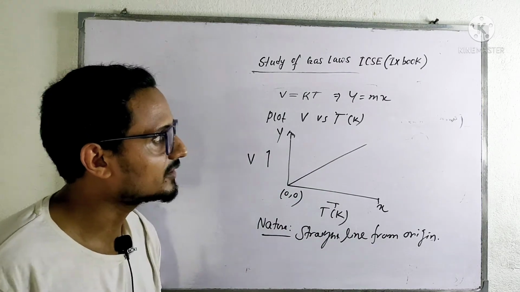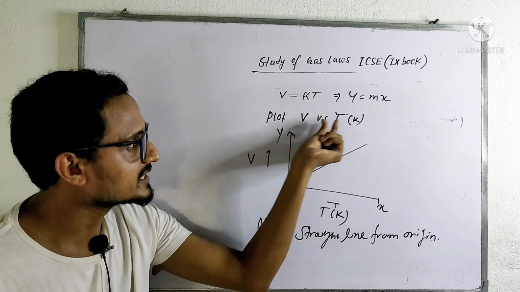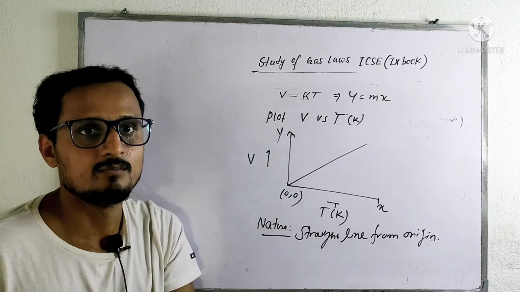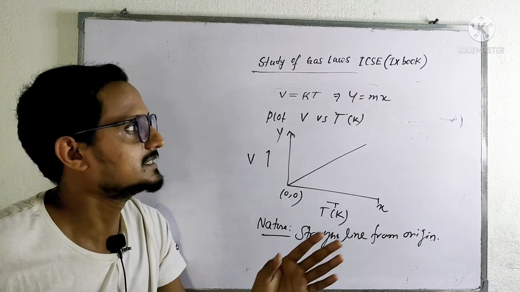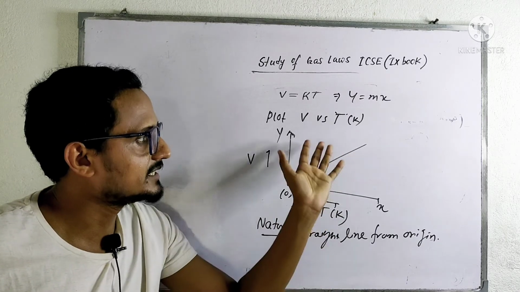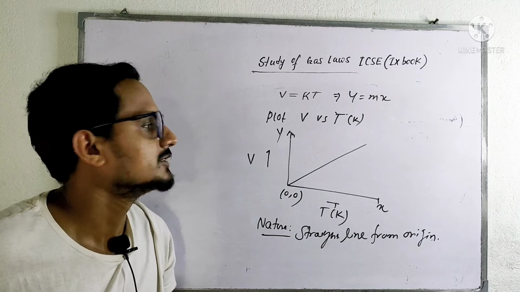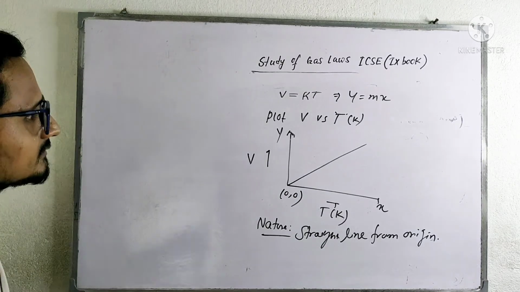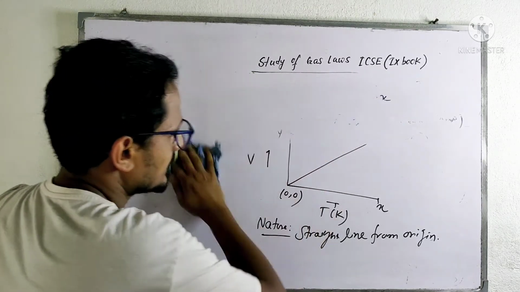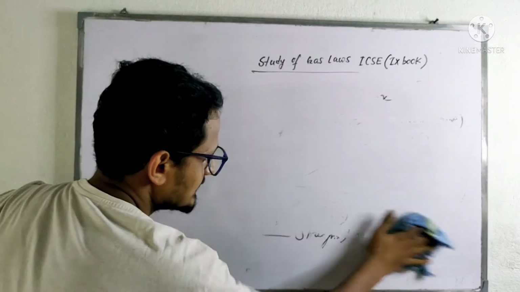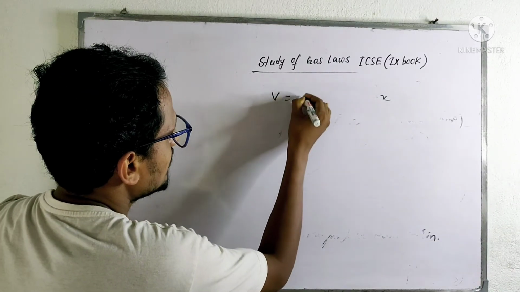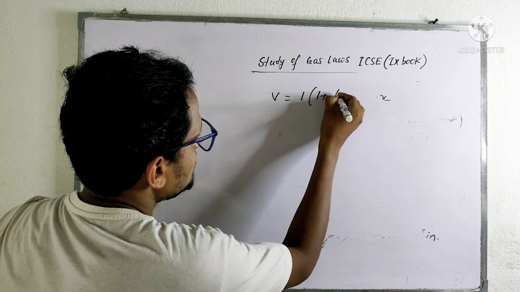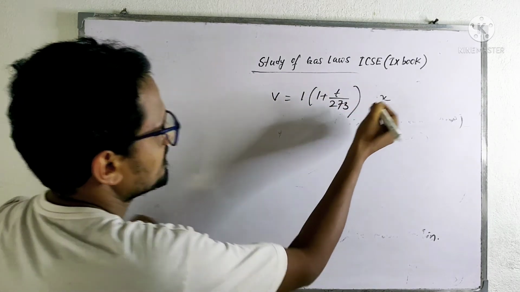Then again we can plot V versus small t, that means in Celsius. Both curves come in the ICSE board exam, and can also be asked in higher classes, so this is very important. For the Celsius scale, we have to start from the equation in Celsius. V equals V0 into 1 plus t by 273.